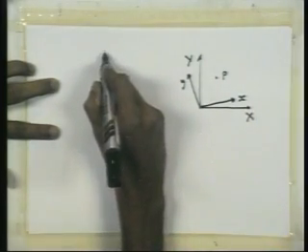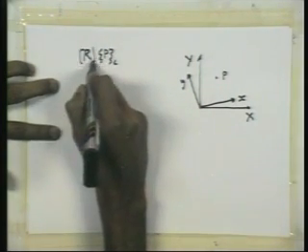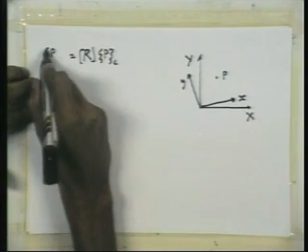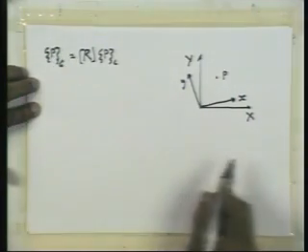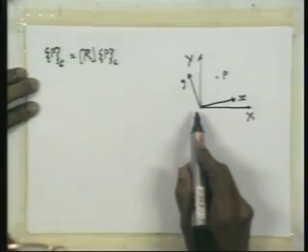So P in some local frame is transformed through a rotation matrix to give you P in the global frame. Fine. Because the origins of the two coordinate frames are coinciding, we don't have a translation here. We don't have a vector of translation here.